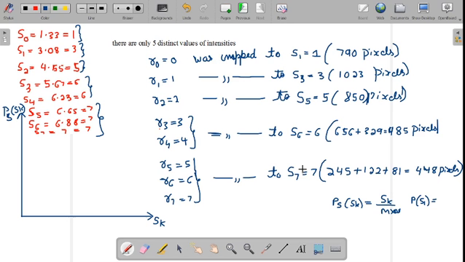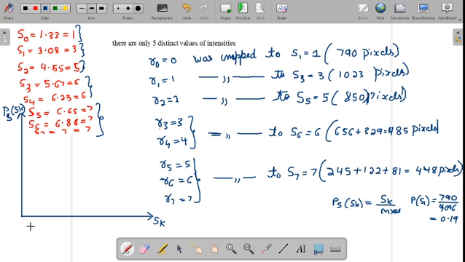S1 contains 790 pixels, so we take 790 divided by m cross n, which is 4096. That would be 0.19.